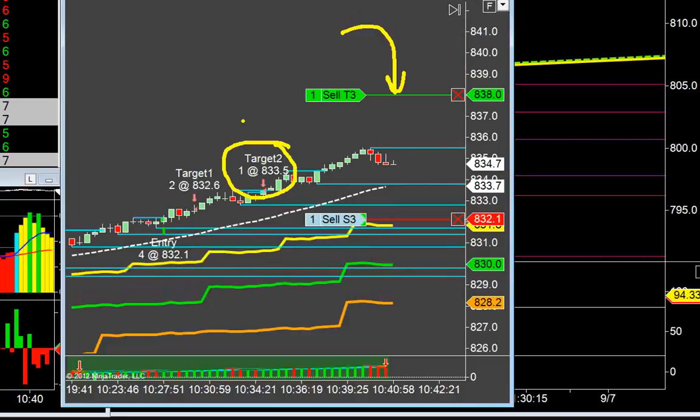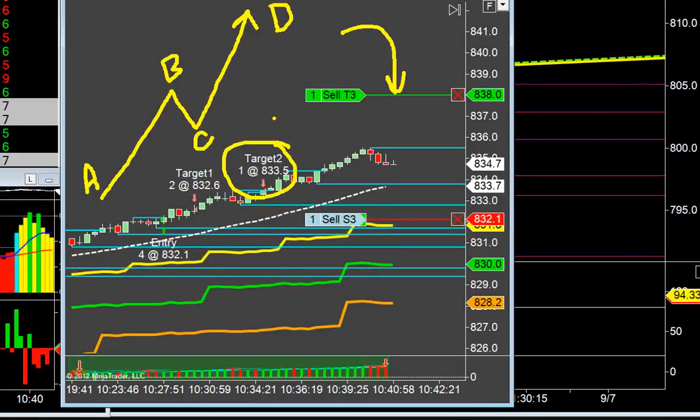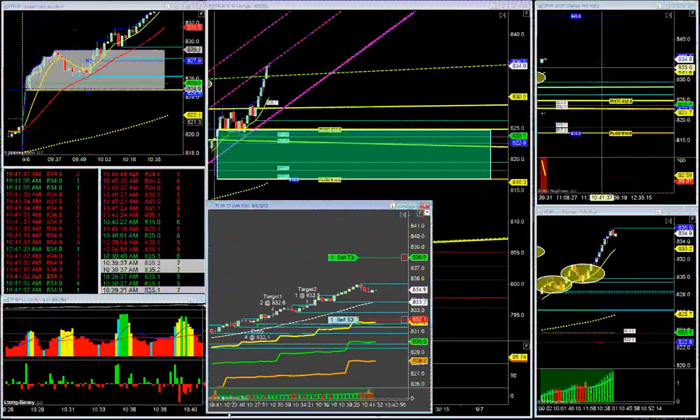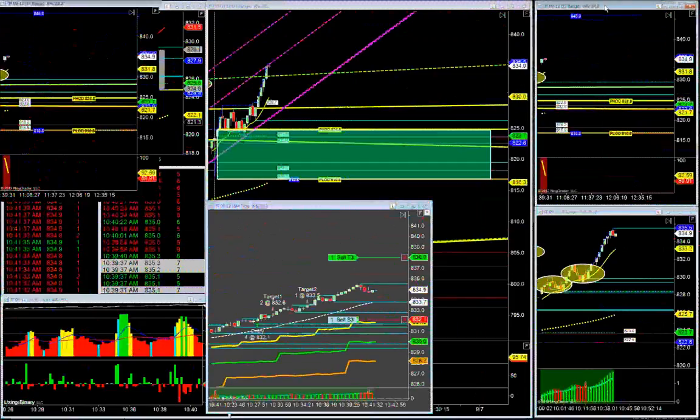The second target used what we call an ABCD pattern, a price pattern that is always very useful at predicting where a reversal is likely to occur. An ABCD pattern is very, very accurate when it comes to predicting reversals. So what did I do? I went and looked for a target.